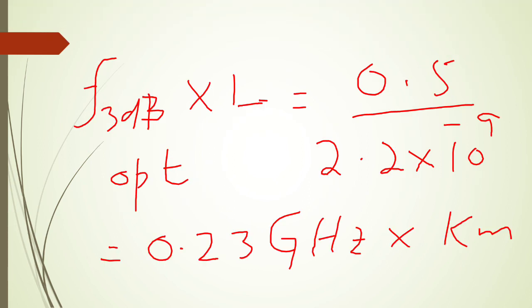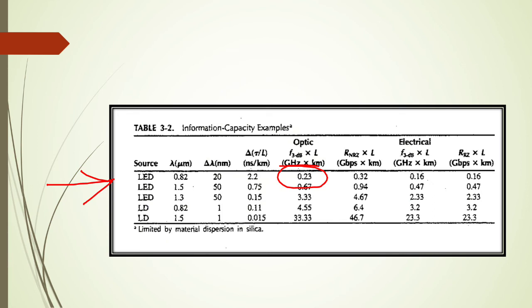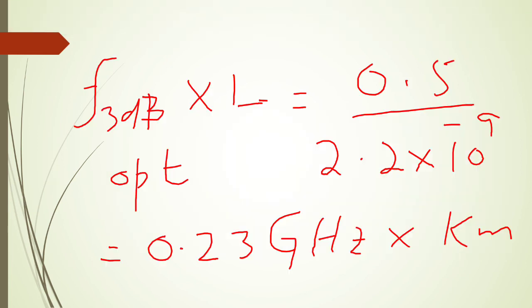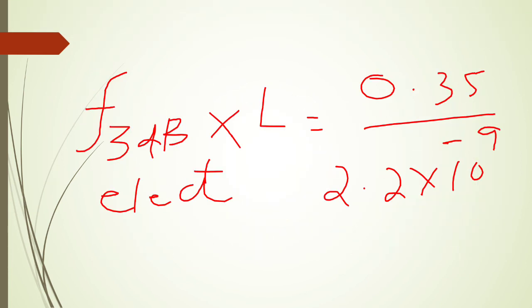The answer is in the table. I am going to show you the answer over here, which is 0.16 gigahertz per kilometer. So you see here is the answer, which is 0.16 gigahertz kilometer.